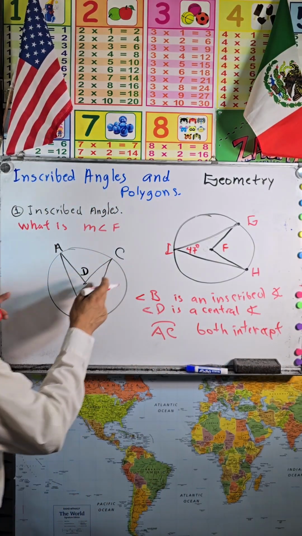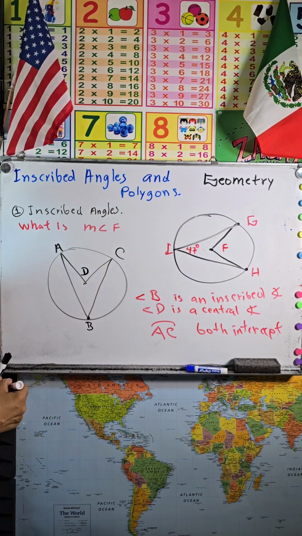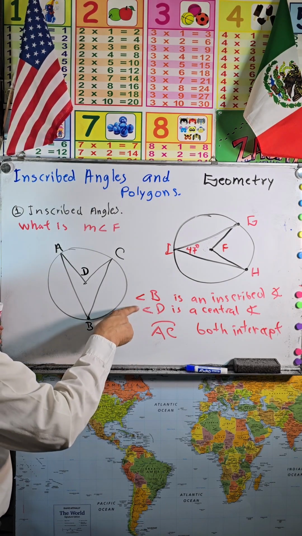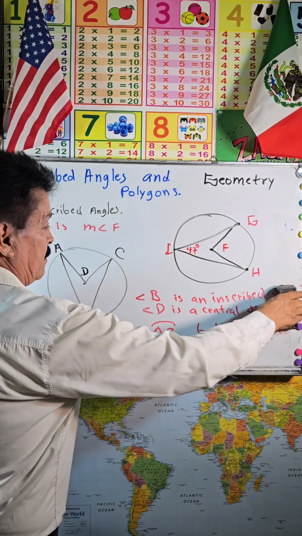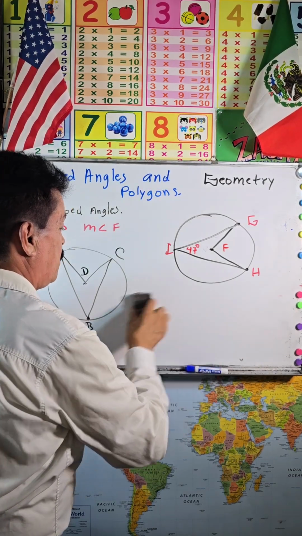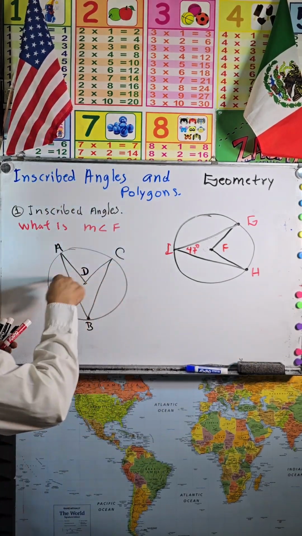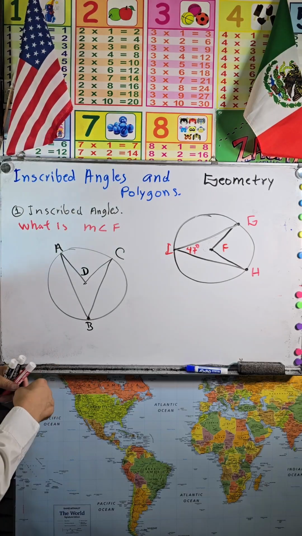I mean, both intercept right here. This is the data here. It's clear. I will write this because I write the formulas. I am talking about this picture, right?